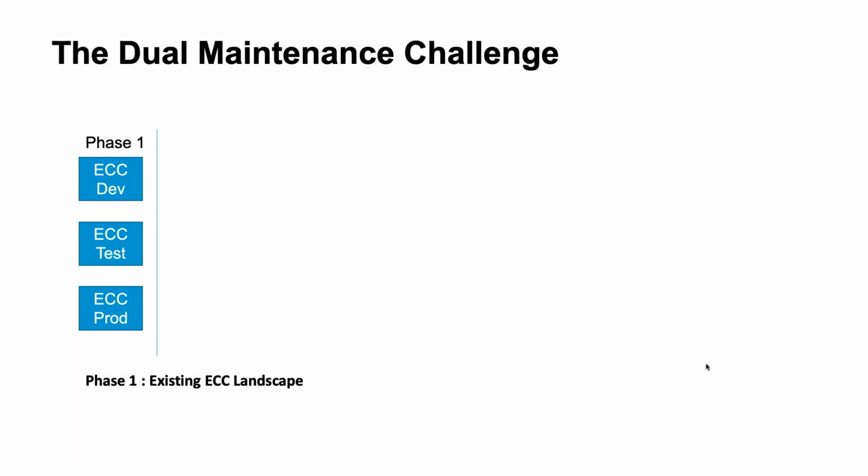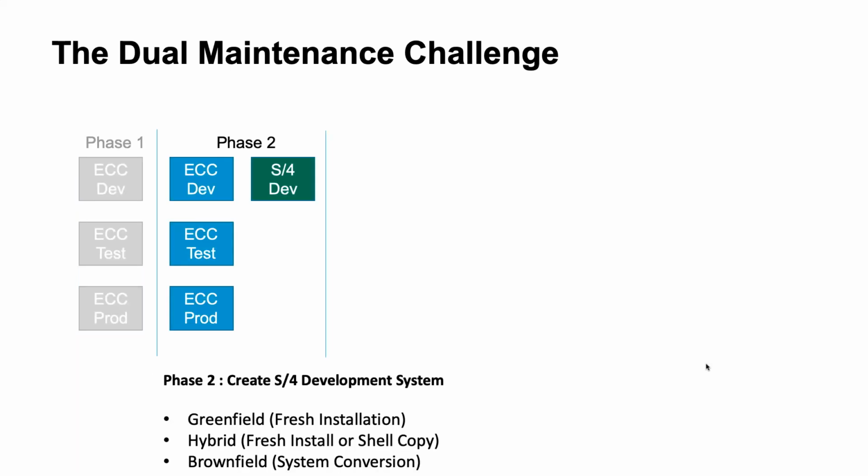Let's assume you have a fairly standard, simple ECC landscape today, here represented as one development, one test, and one production system. One of your first steps will be to create the S4 development system. If you're going greenfield, that would be as a fresh installation.